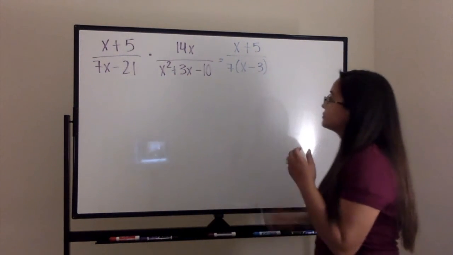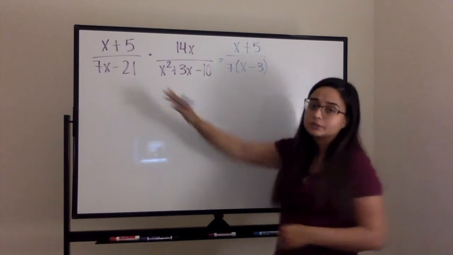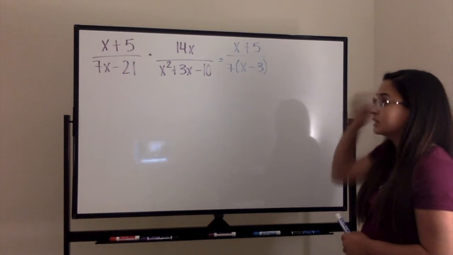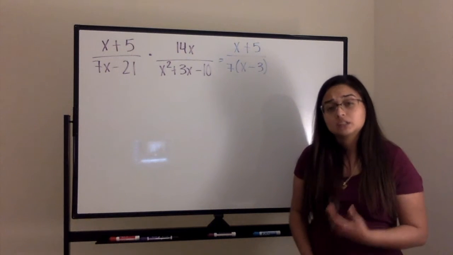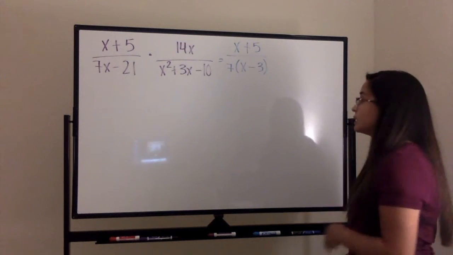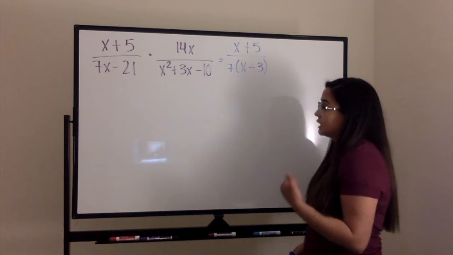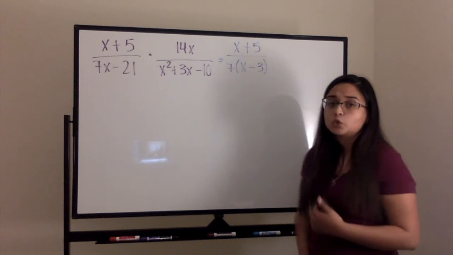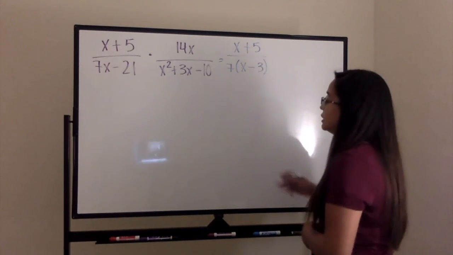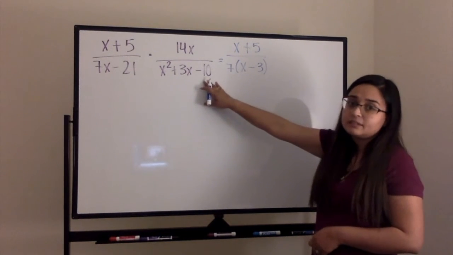Okay, now my first rational expression is simplified. Now let's go ahead and go with our second one. In our second one, our denominator is a trinomial. Let's go ahead and convert it into a binomial, which is factoring it out. We're going to take our 10 and factor that out.